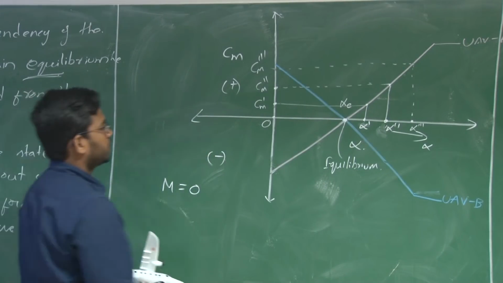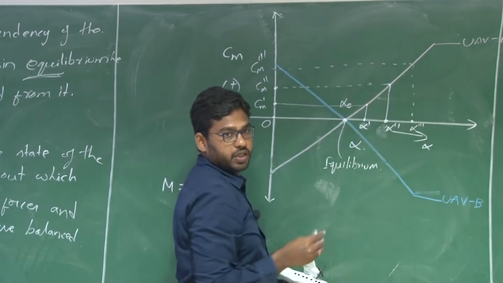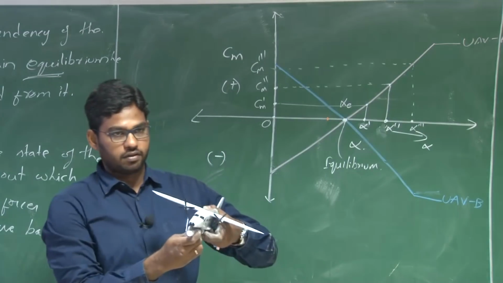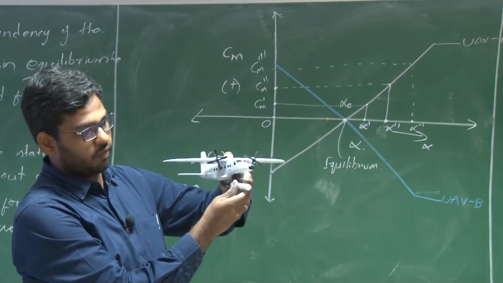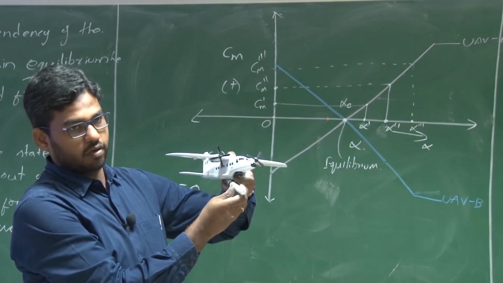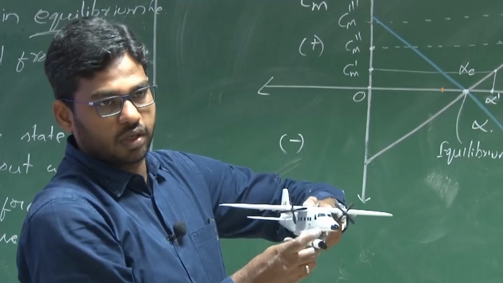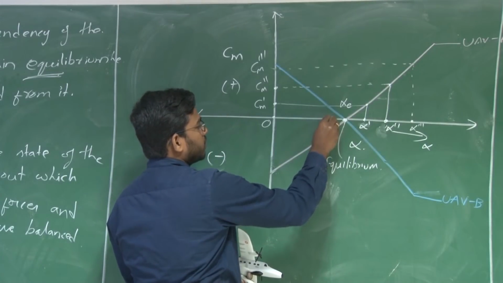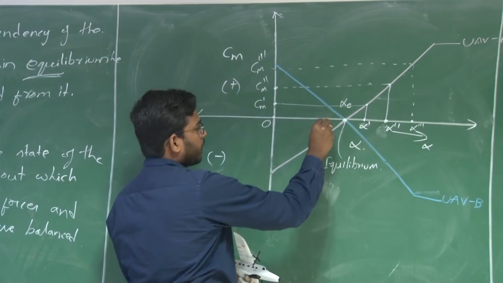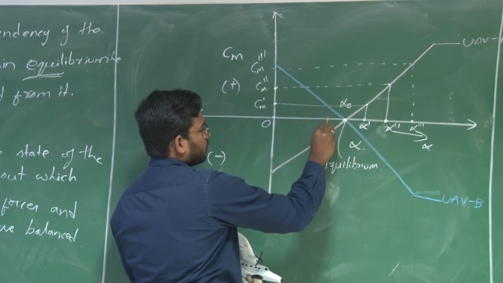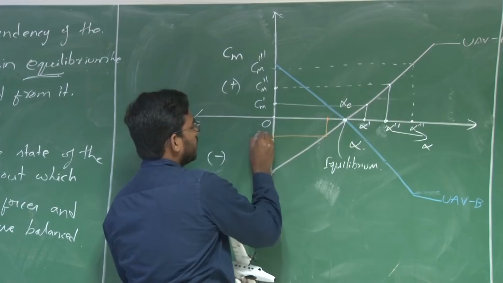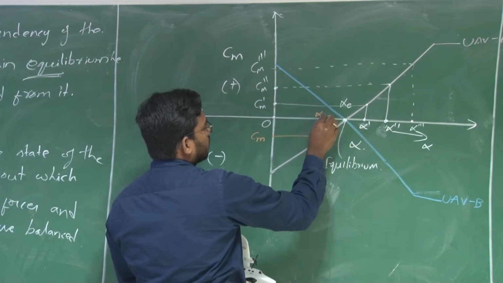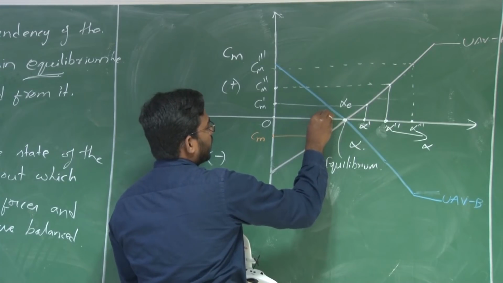Now, in the other case, say for the same UAV A, if there is a disturbance that has reduced the angle of attack. So initially this is your angle of attack at equilibrium. Now this disturbance has reduced the effective angle of attack here. So this reduction in angle of attack for this particular UAV with this pink curve will result in, say this is your alpha prime in the subscript.